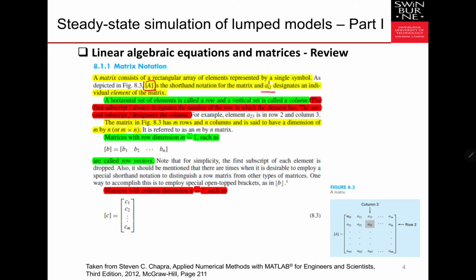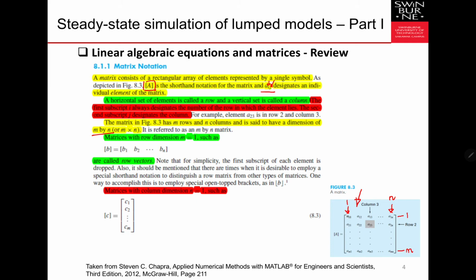I represents the row, whereas J represents the column. A horizontal set of elements is called a row, and a vertical set is called a column. So the matrix in figure 8.3 has m rows, from 1 until m, and n columns, from column 1 until column n. So it has the dimensions of m multiplied by n.